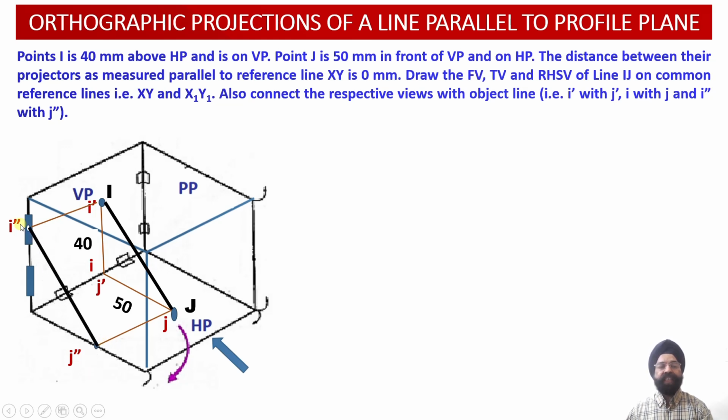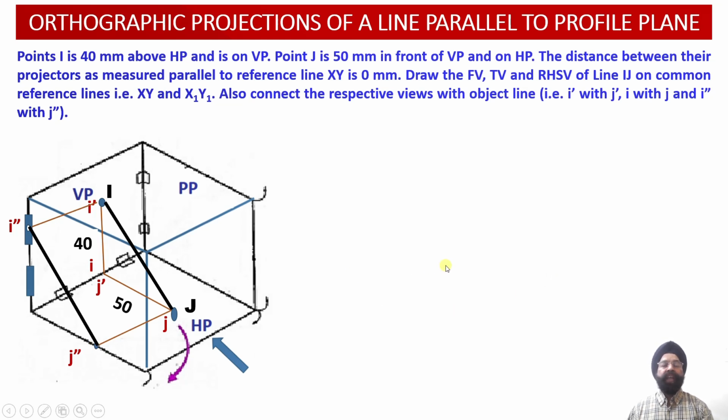And now once we have obtained I double dash and J double dash points over here, and we join I double dash with J double dash, we are going to obtain the true length projection of this line on the profile plane which is located on the left hand side.